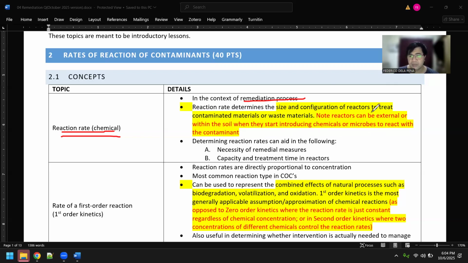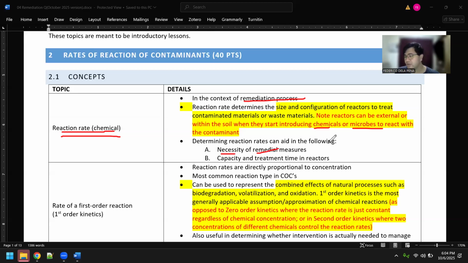Okay. Most reacting factors include chemicals or bacteria. Okay. And reaction rate is important in determining the necessity of remedial measures. Do we even need to do anything, or are the bacteria actually sufficient? Okay.